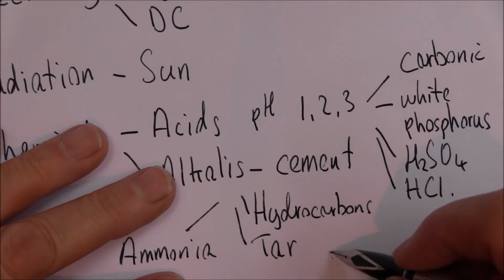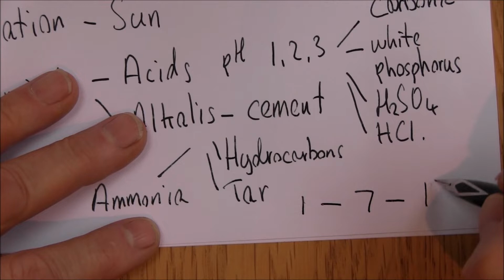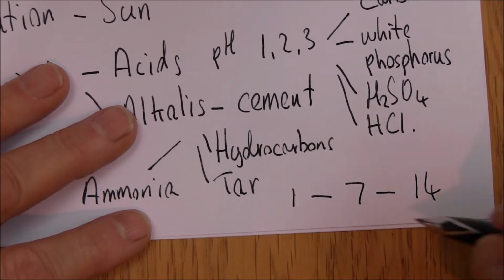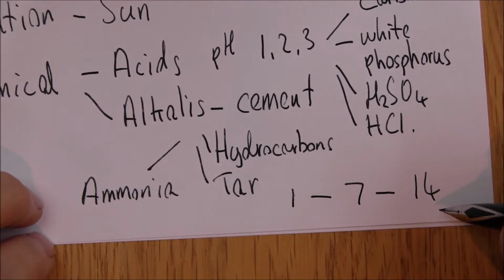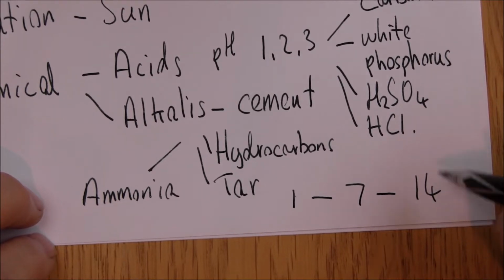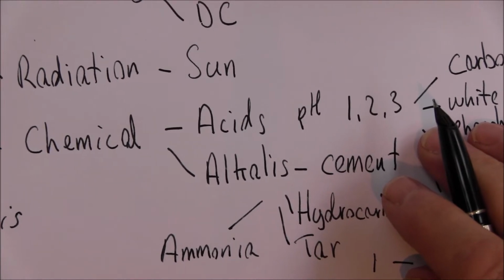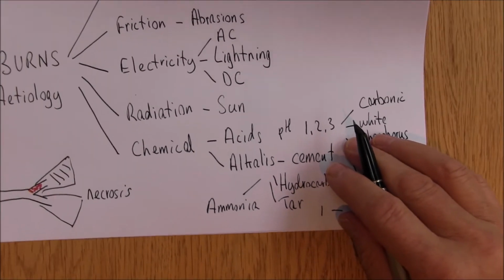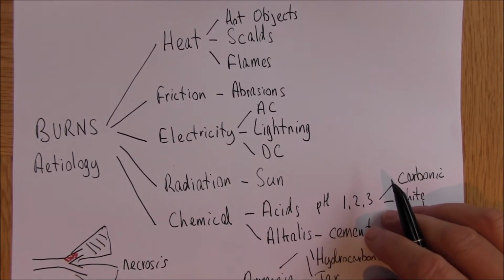So 1 would be strong acid, 7 would be neutral, and 14 would be a strong alkaline. So ammonia, for example, in reasonable concentration, has got a pH of 14. So some different causes of burns there. Not just simple thermal injuries. A few other things interesting to think about, and we do come across these.